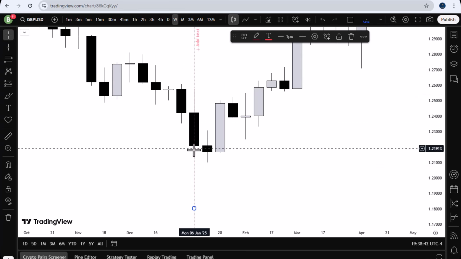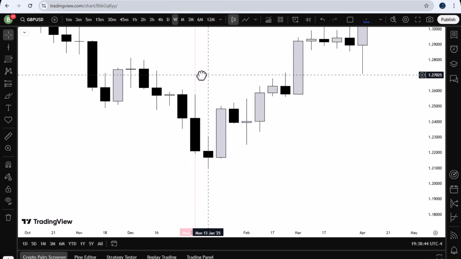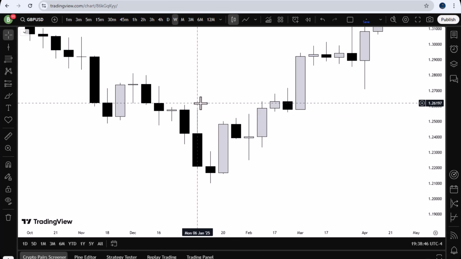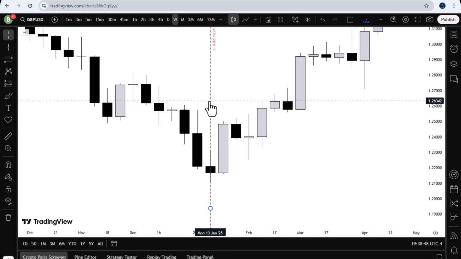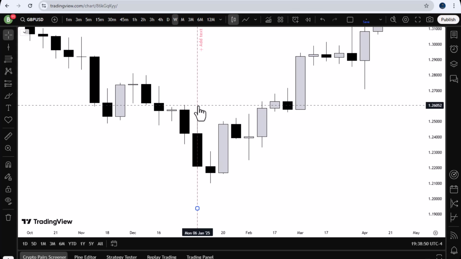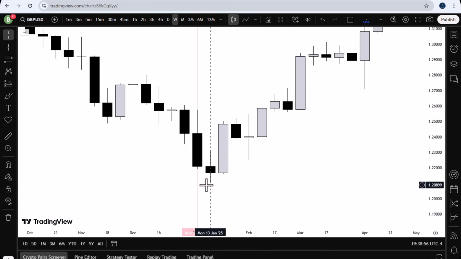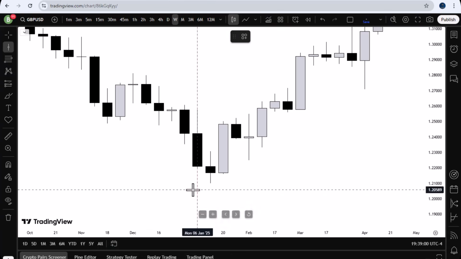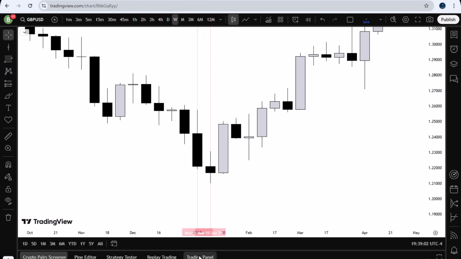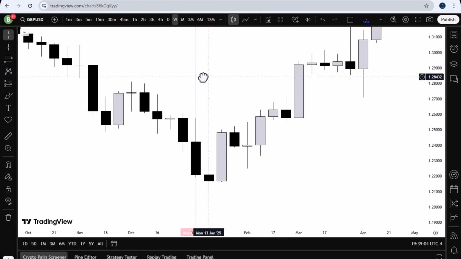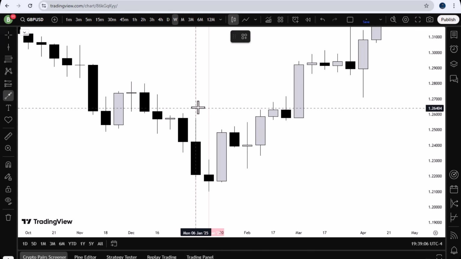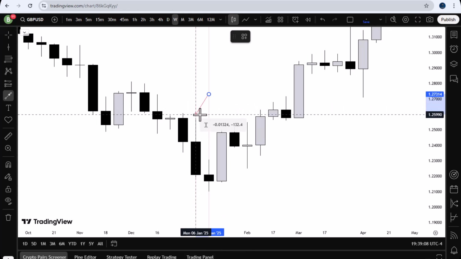Then we are going to look for a trade setup on this weekly candle. So from here up to here, there is a weekly candle. There is a weekly candle around here. So we are going to look at this candle so that you can see how it was formed.